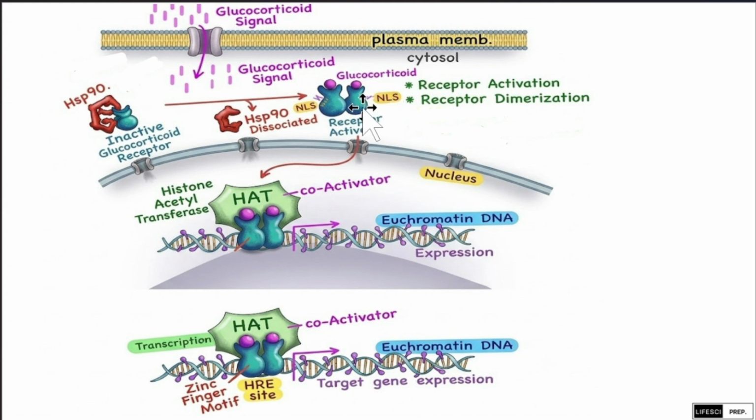After dimerization, that receptor goes through the nuclear pore and acts in the ligand binding domain, where with the help of HAT, the co-activator, the receptor activates the expression.